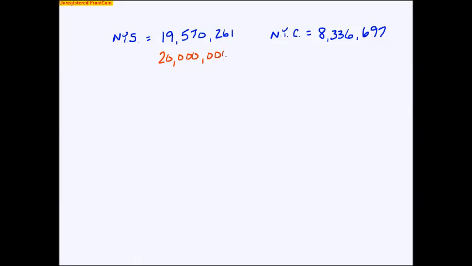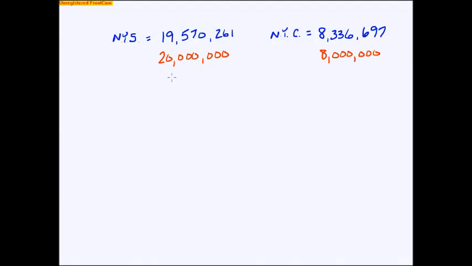So I think really, really close to this number would be 20 million. And really, really close to that number, if I rounded it off, would be 8 million. So I'm going to use those two numbers, and I'm going to do the same thing I did in number 1, but like in part B.